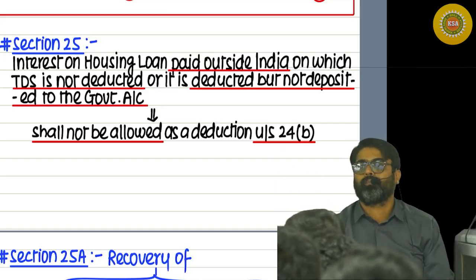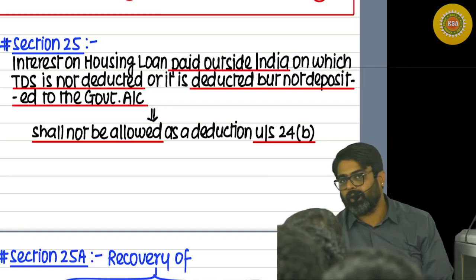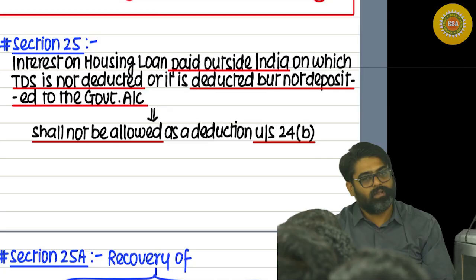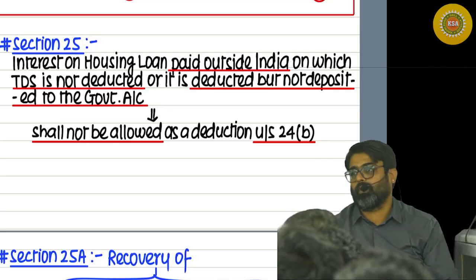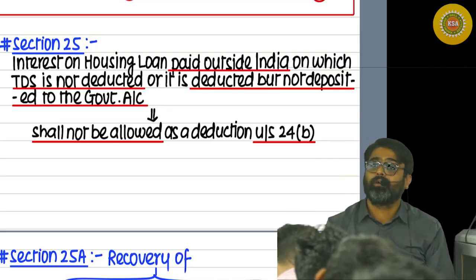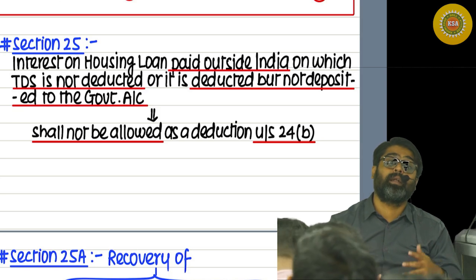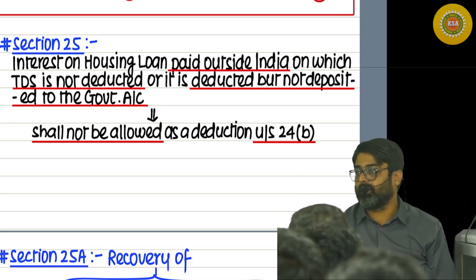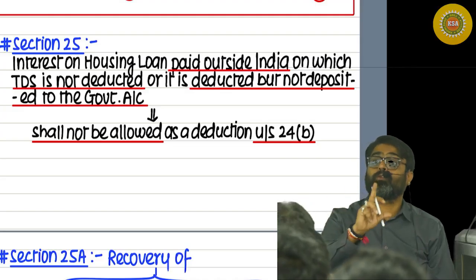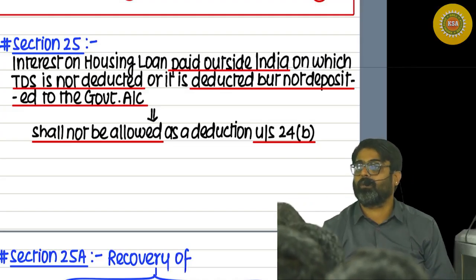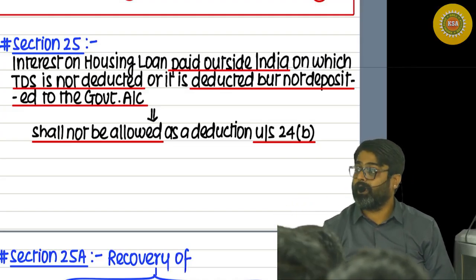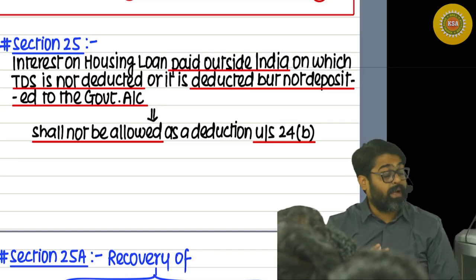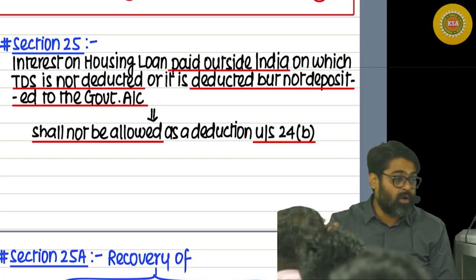Yes or no? But what you have done? You have paid the entire interest without deducting the TDS. Or you might have deducted the TDS, but not yet paid it to the government. TDS default you have committed. Now because of you, the government is losing tax revenue.